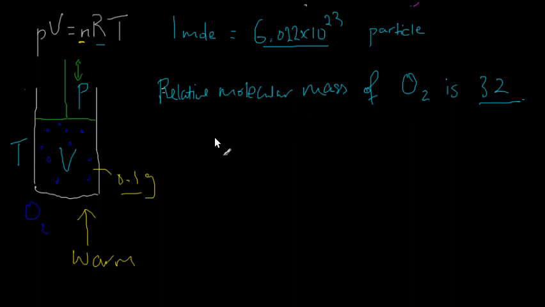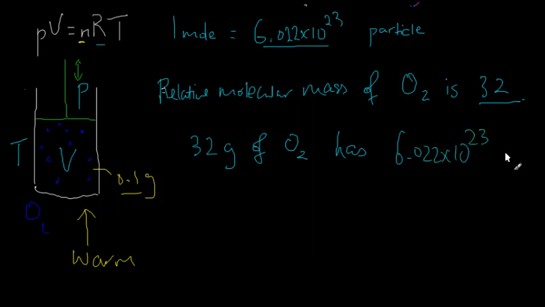if you want to find the number of moles in 0.1 gram of O2, all we need is to make use of this idea. From this knowledge and the definition of the Avogadro constant, it means that 32 grams of O2 has this number of particles. It has 6.022 times 10 to the power 23 molecules.